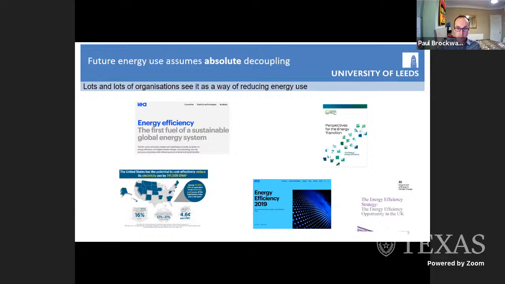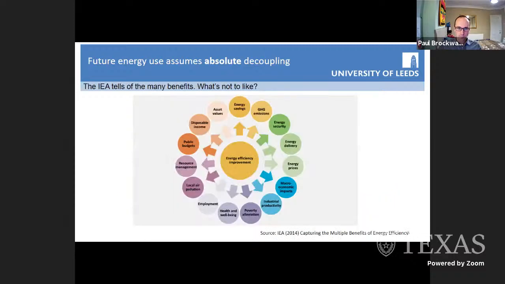So there are a lot of people betting, not a lot of money, but a lot of people that have envisaged that the future is in a much more energy efficient and lower energy use global energy system. And that there are benefits that stem beyond just greenhouse gas emissions and energy savings. So the IEA has a famous graphic that I'm showing here from 5 or 6 years ago, where not only were there energy and greenhouse gas emission savings, but there were envisaged improvements to a whole bunch of other things.